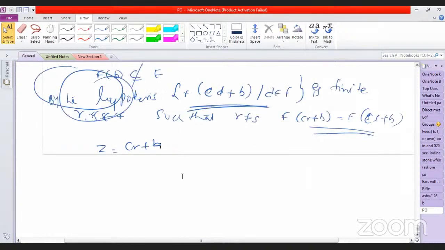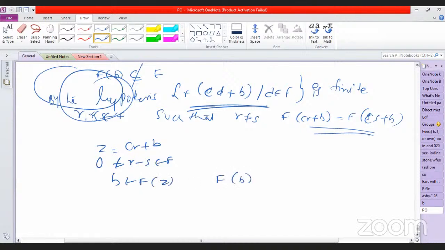Again, I am writing CR plus B. 0 not equal to R minus S belongs to F of B, and B belongs to F of Z. Therefore F of B is a subset of F of Z, we can write here.